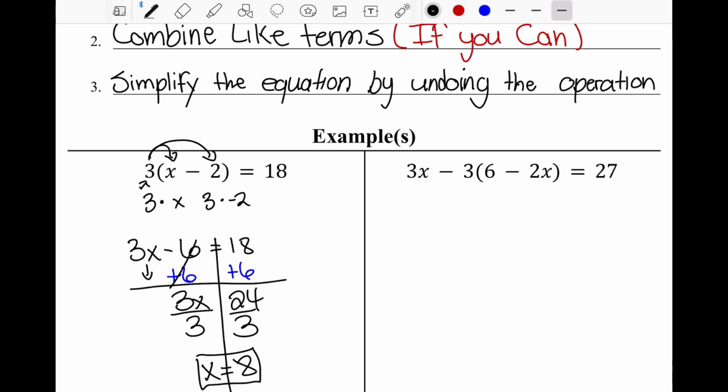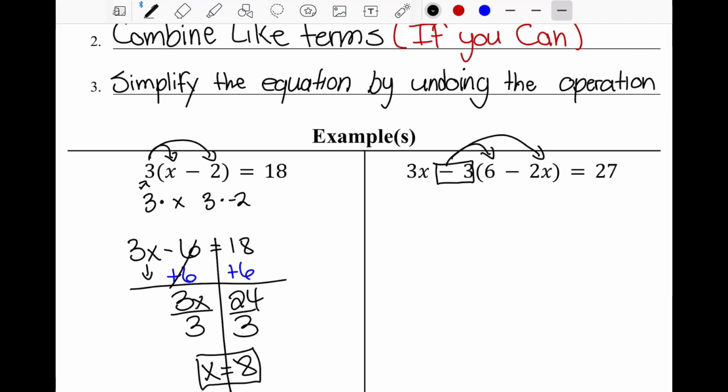Okay, so the next example, same thing. The first thing our eye should be looking for is parentheses, which we do have a set of. Once we notice that, the next thing we see is what's on the outside, and what's on the outside is a negative 3. So with that negative 3 right there on the outside, we're going to distribute it.